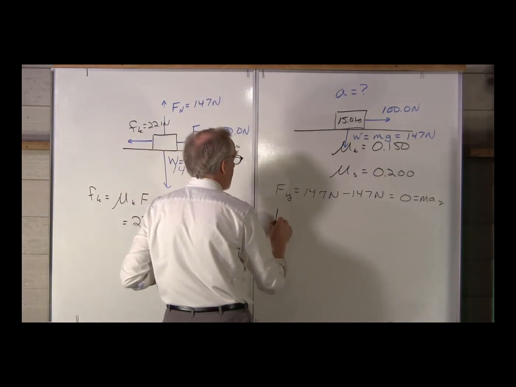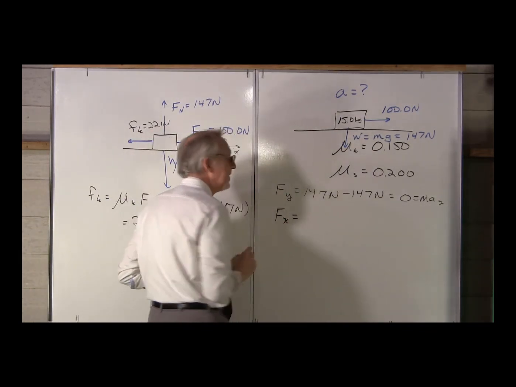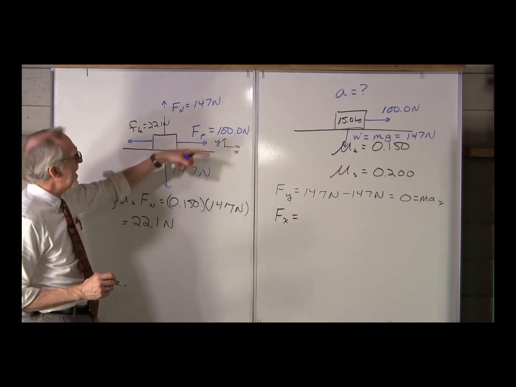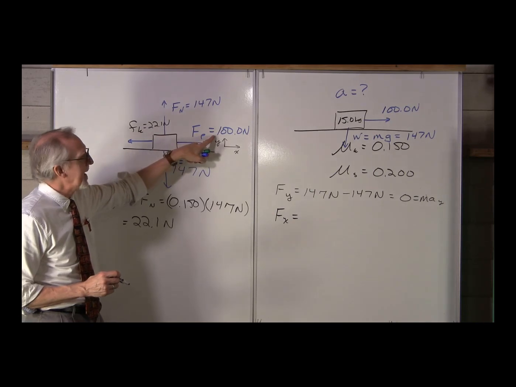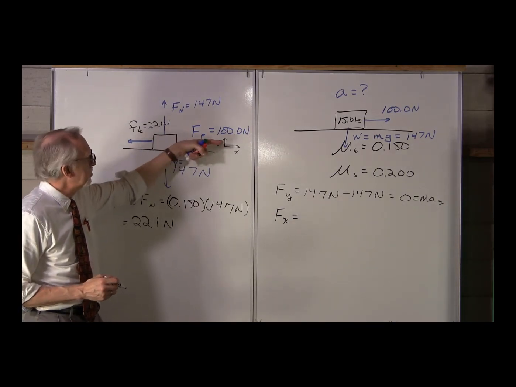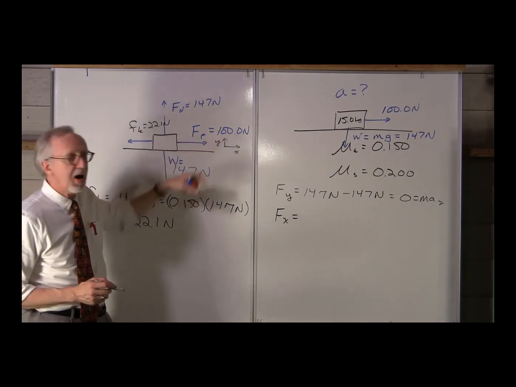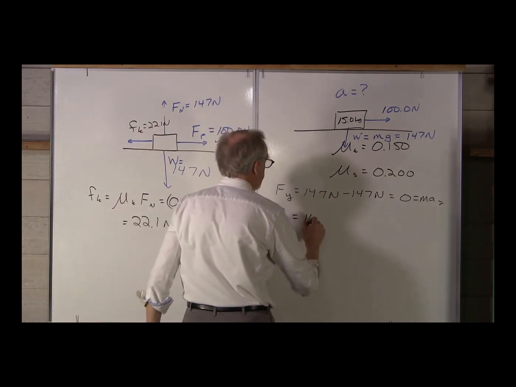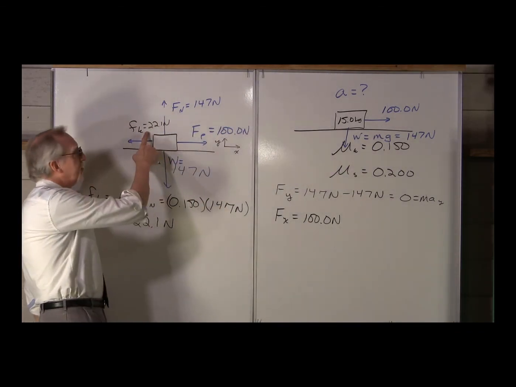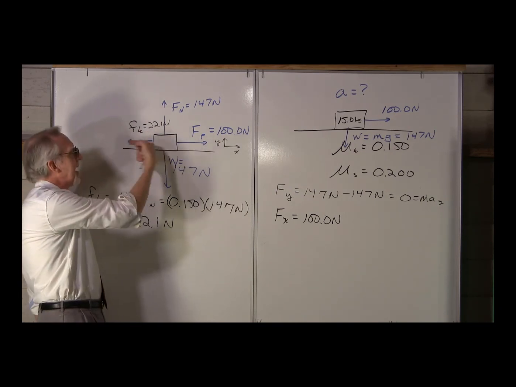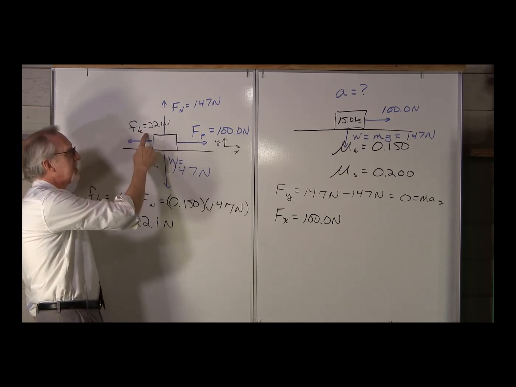Okay, what about in the x direction? What forces are acting in the x direction? Well, positive is this way. The pushing force is in the x direction. What's the x component of that? Well, it is completely in the x direction, so we've got a positive 100 newtons. But then we have a frictional force, the kinetic friction, that is acting in the negative x direction.